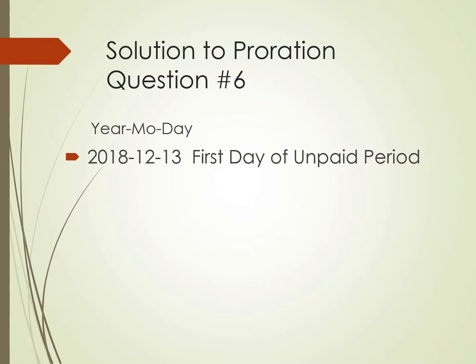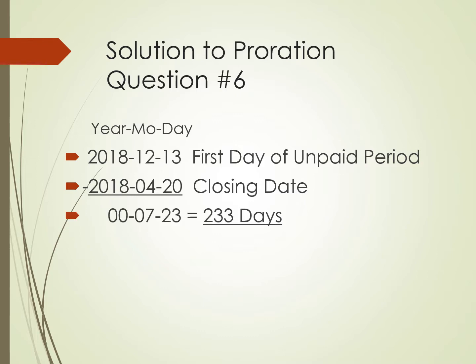So it's 2018-12-13. Our closing date is April 20th of 2018, so it's 2018-04-20. When we do our subtraction, we notice that in our day column, we cannot subtract 20 days from 13. So we move over to the month column where it's 12. That changes to an 11.